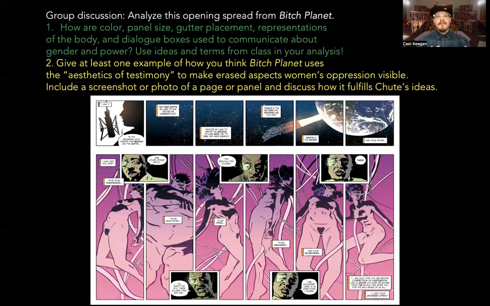There are a lot of really clever ways in which this book uses panels and gutters to tell really diverse stories of women's experiences. So if the first part of this is me giving you something to talk about, the second part is you grabbing something from this book that you liked, that you think is interesting, and take a picture, take a screen grab, including it and discussing it and how it fulfills what Shute is talking about, this idea of testimony and telling a story that doesn't usually get seen.